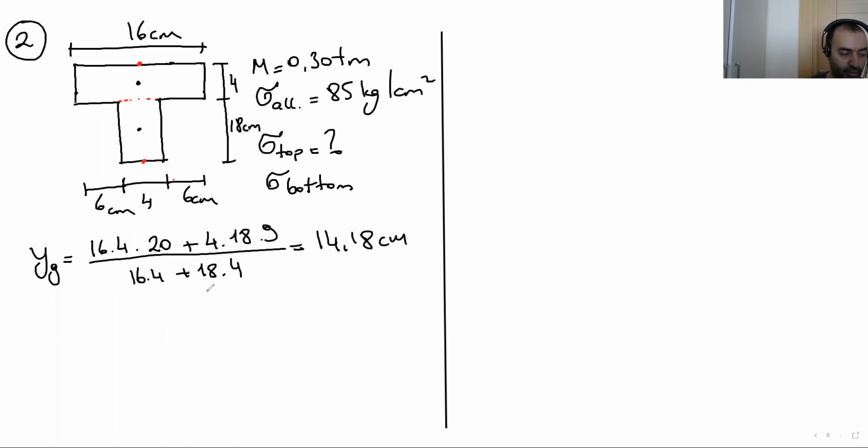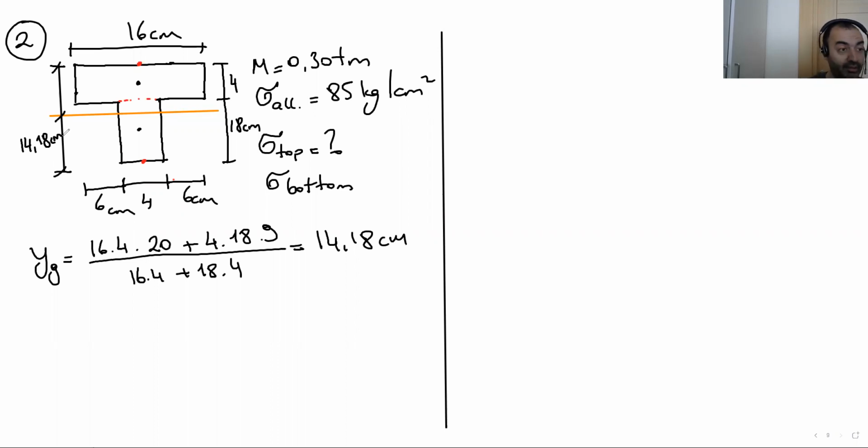So let's show that line here. We have just calculated this part, which is 14.18 centimeter.